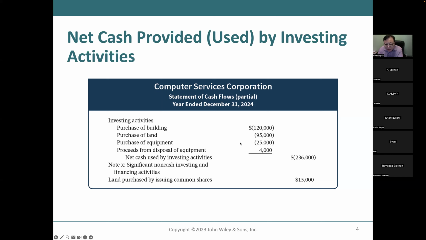So when you consider all these four transactions together, the net is you used in total $236,000. Okay.